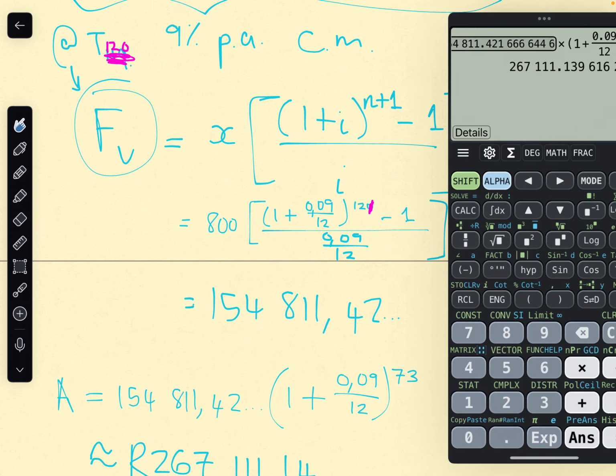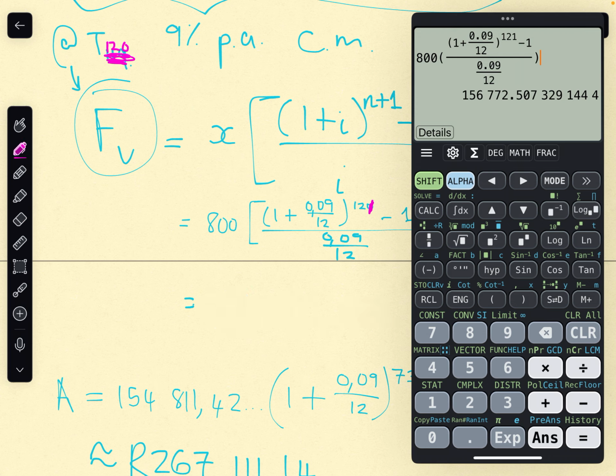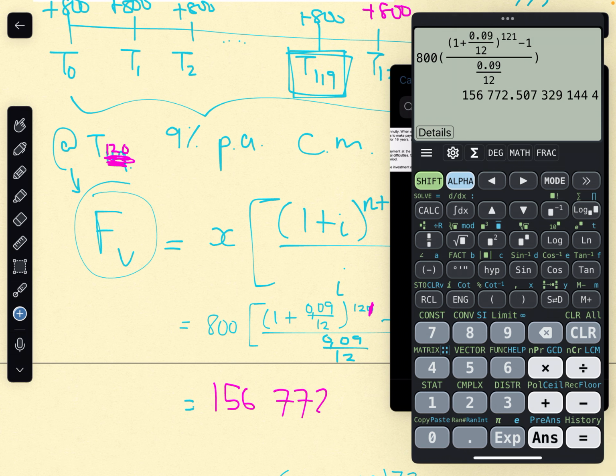And so if we work that out, and down here, so this actually ends up being 156,772. Whoa, what is happening?